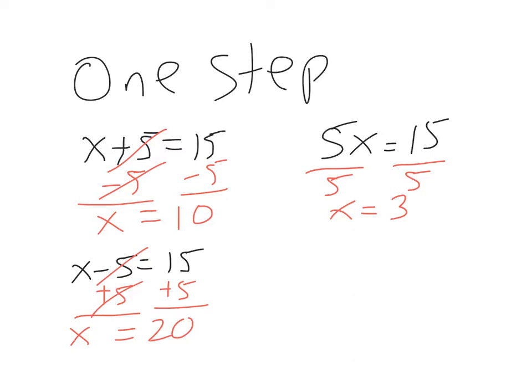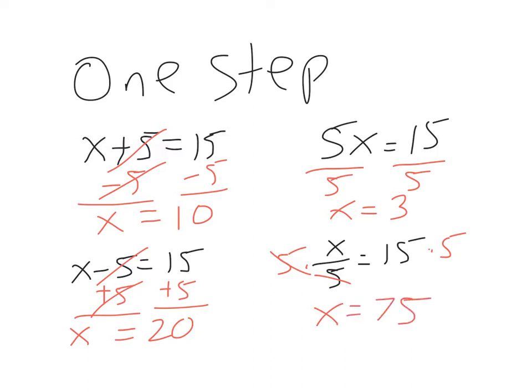And finally, if I had x over 5 equals 15, I would multiply both sides by 5, and the 5's would cancel here, and I would get x equals 75.